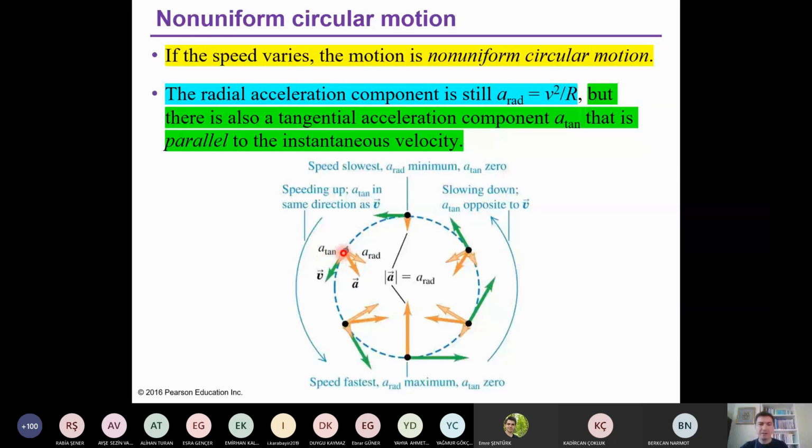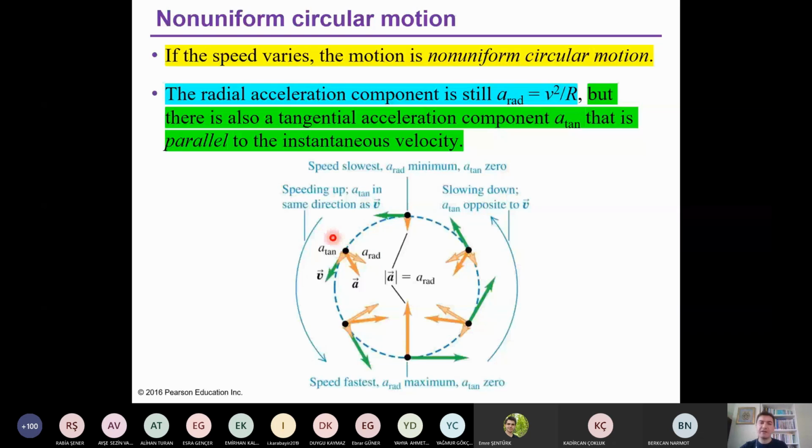Here, the particle is speeding up, and then the acceleration is not along the center, okay? We have two components of the acceleration. One is a radial toward the center of the circle, and the other one is a tangential, which is parallel to the velocity.